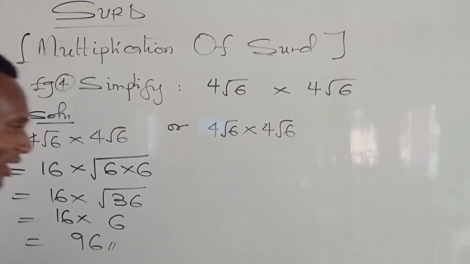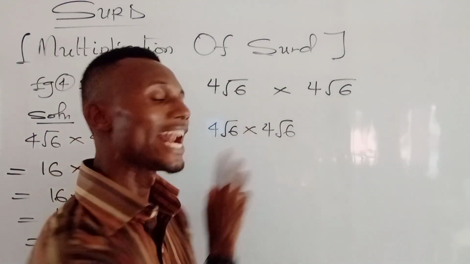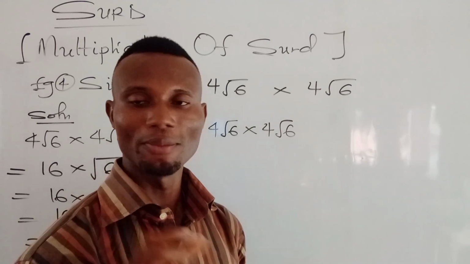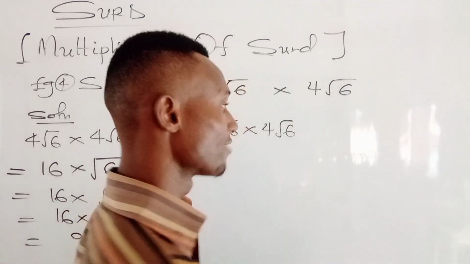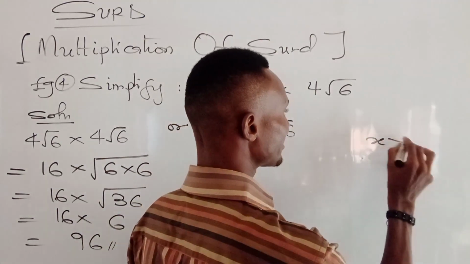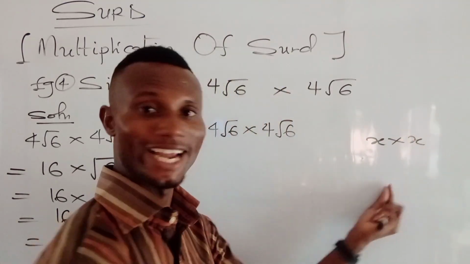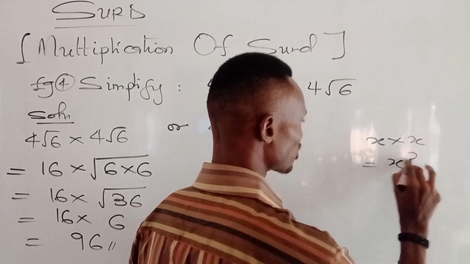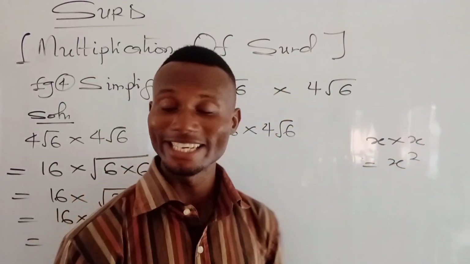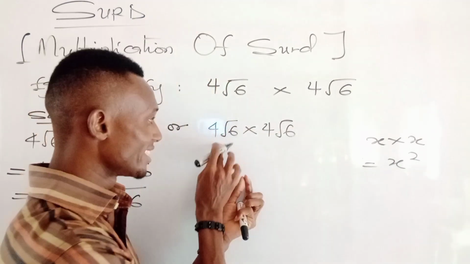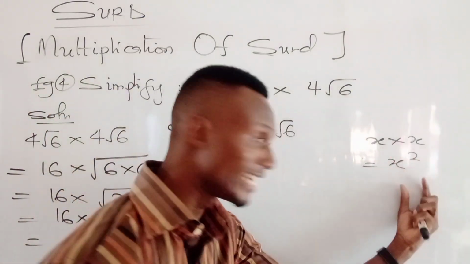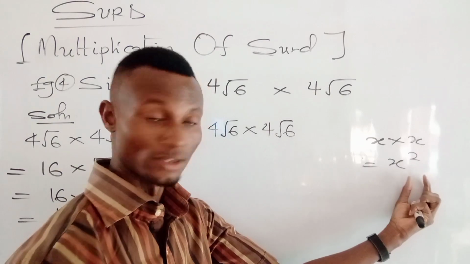Now you can see that these are like terms. You remember under the multiplication of algebraic expressions, if I have s times s, to simplify it, it's going to be s squared. We did this under the multiplication of algebraic expressions. Because these are like terms, we can apply the same principle to it.